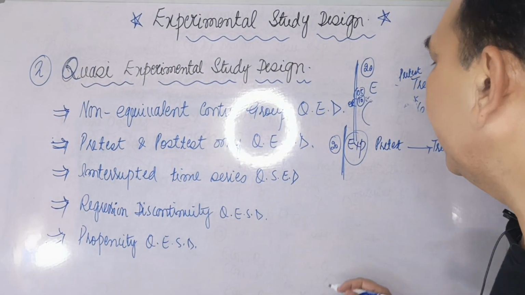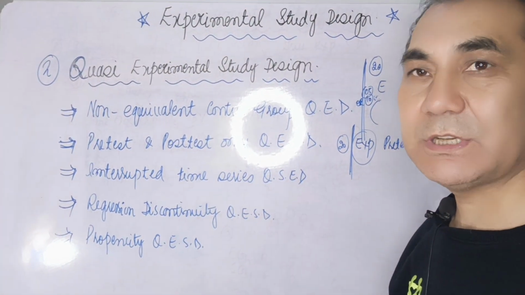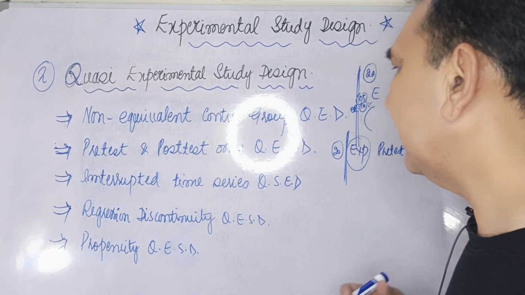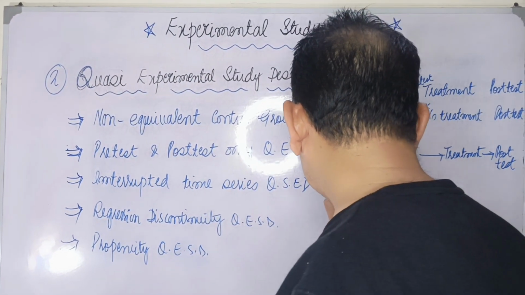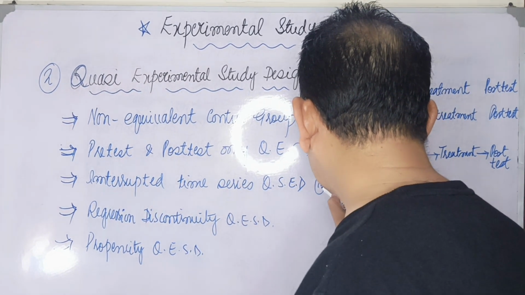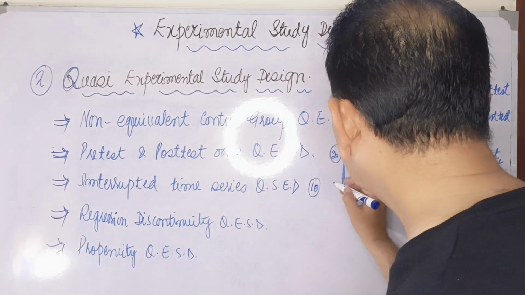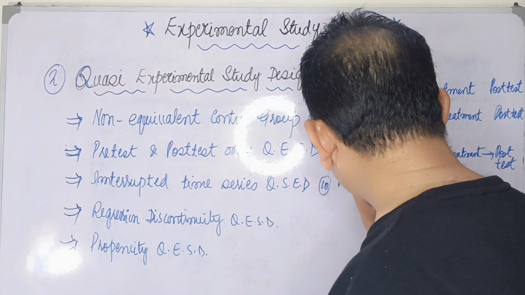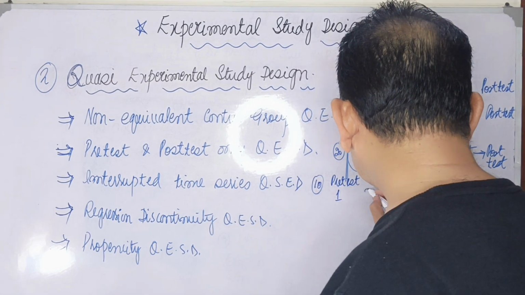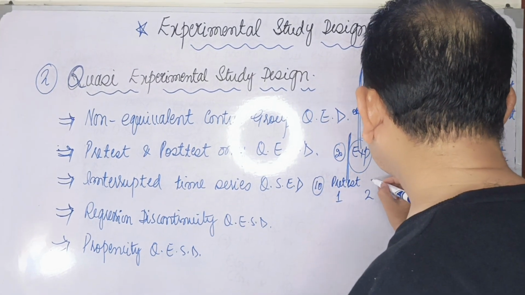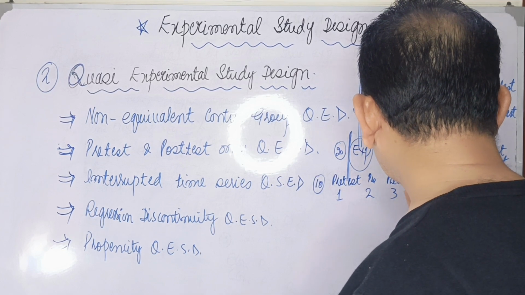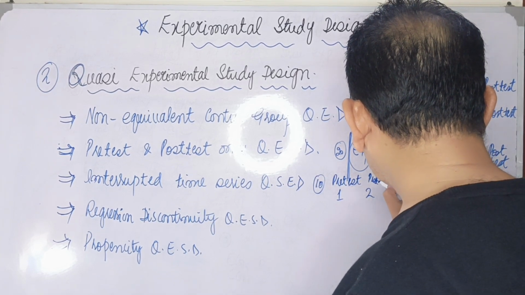Now the third type is called the interrupted time series. It is conducted in two ways. Suppose he took 10 participants, and he took the pre-test one time, two times, and three times.